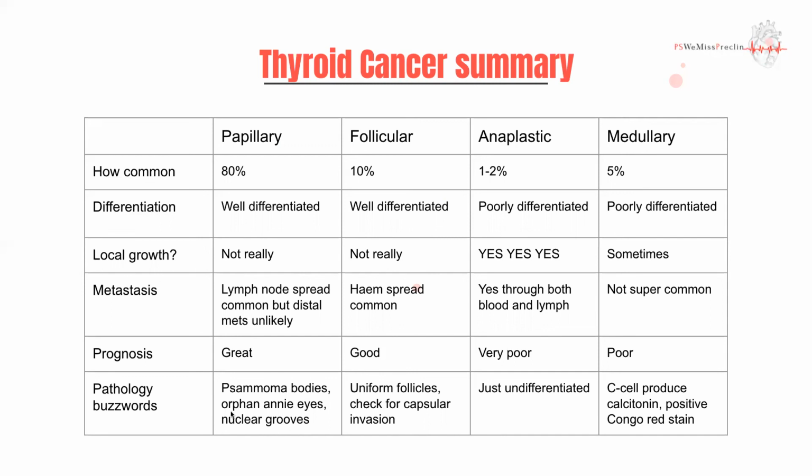Some important things from a pathology perspective: you have psammoma bodies with papillary cancers and Orphan Annie eyes, or often Orphan Annie-eyed nuclear grooves. Lastly, with medullary cancers, medullary cells or C cells produce calcitonin, and calcitonin obviously has a role in calcium metabolism. So you can actually use calcitonin as a marker for monitoring medullary cancer prognosis.